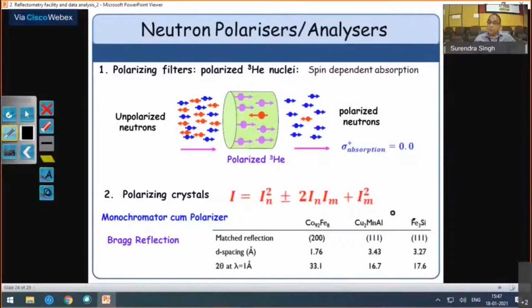You can see this is very straightforward. For spin up the whole thing is plus, and for spin down it becomes 0. That's why after reflection from the 111 plane of the Cu2MnAl material we get polarized neutron. There are a few other materials I have listed over here, with the particular planes which satisfy this condition and give you the polarized neutron due to the Bragg reflection.